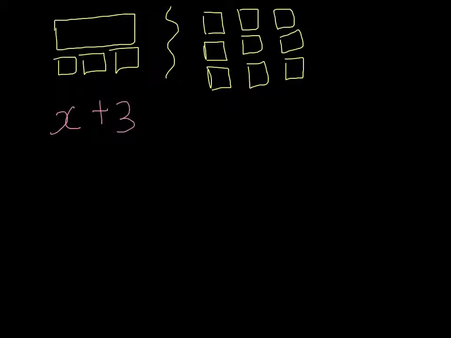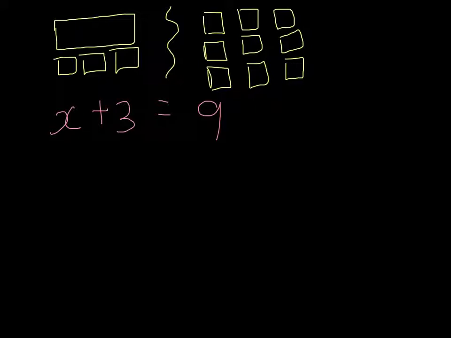So this model on the left-hand side represents x plus 3. I know that my line down the middle represents an equal sign, and now I'm going to see what the right-hand side of the model is represented by. I see there are no variables on this side, but I have 1, 2, 3, 4, 5, 6, 7, 8, 9 unit tiles. So 9 positive unit tiles. So this model is represented by the equation x plus 3 equals 9.